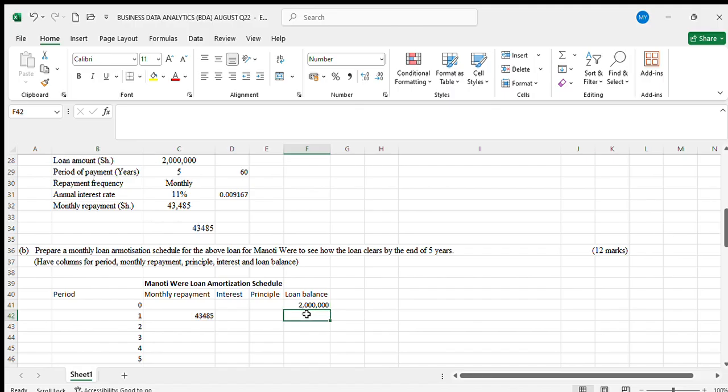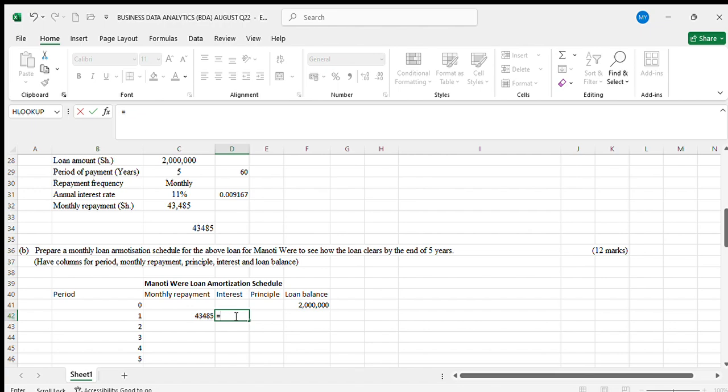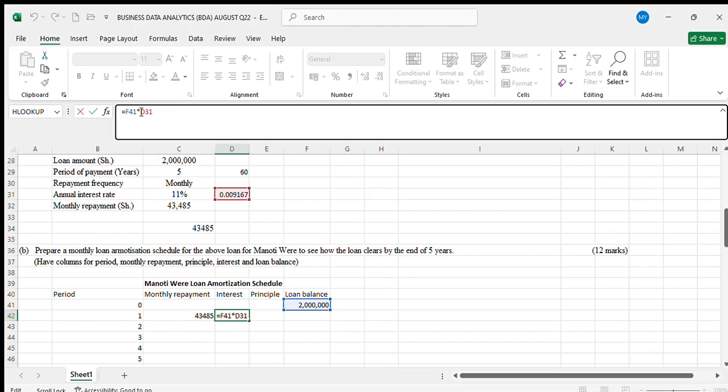Then we can now calculate the interest. Interest we know is the loan times the interest percent. So if you want to get the interest, you multiply the rate times the loan. Now we can lock the interest rate part because it is constant.